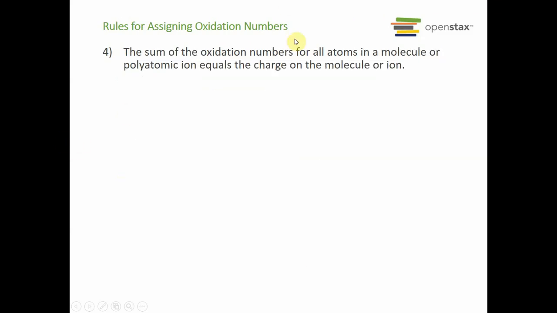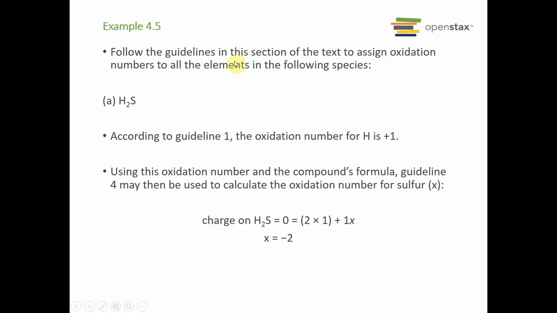The sum of the oxidation numbers for all atoms in a molecule or polyatomic ion equals the charge on the molecule or ion. Okay, so you follow the guidelines in this section to assign oxidation numbers to all the elements in the following species. A, H2S. According to the guidelines, the oxidation number of H is +1. Using this oxidation number and the compound's formula, guideline 4 may be used to calculate the oxidation number for sulfur.